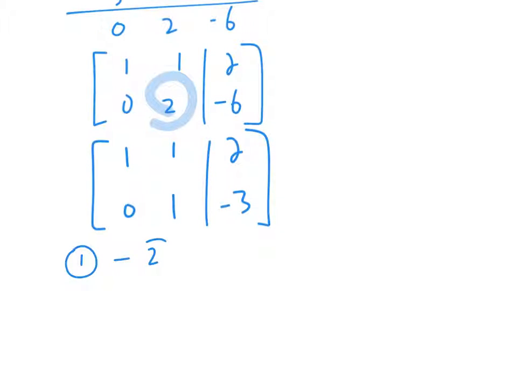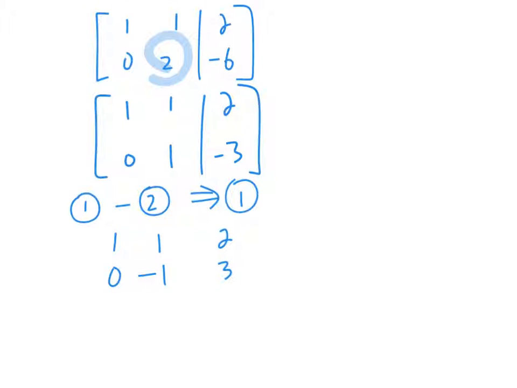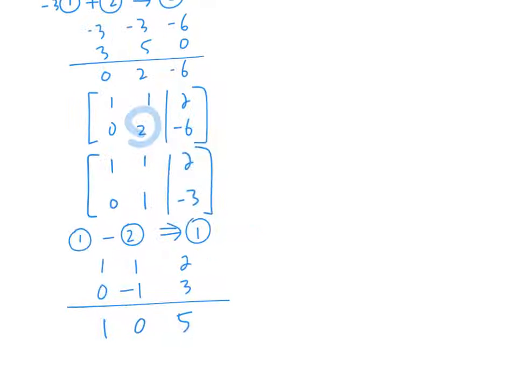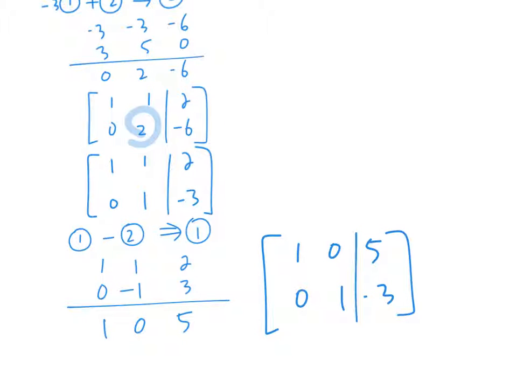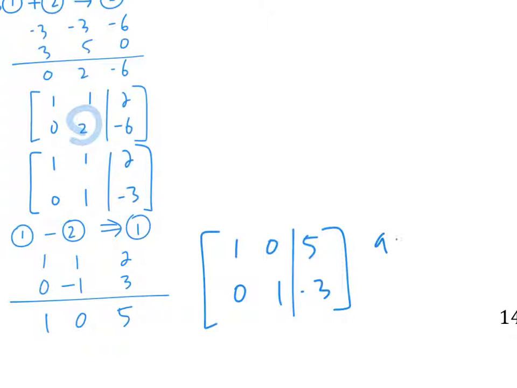Row 1 minus row 2, replace row 1. 1, 1, 2. Minus row 2 means take all those numbers and make it negative. So 1, 0, 5. And then replace row 1, so 1, 0, 5, 0, 1, negative 3. That means A is 5, B is negative 3.